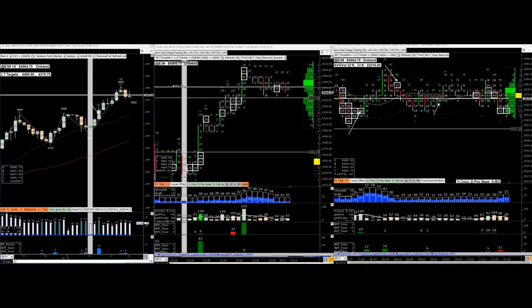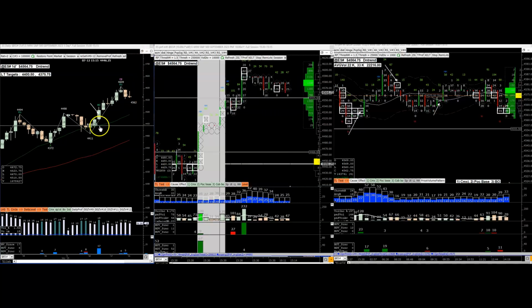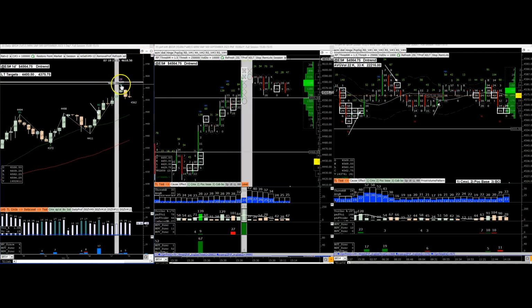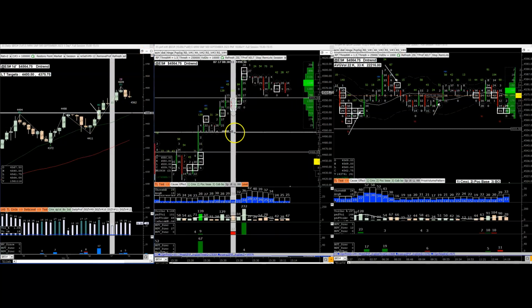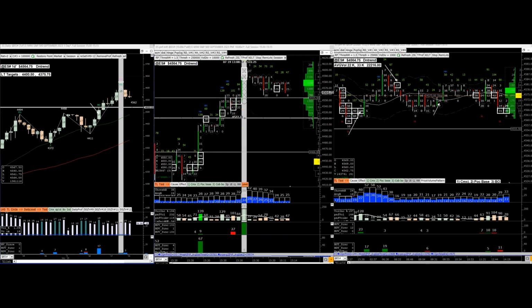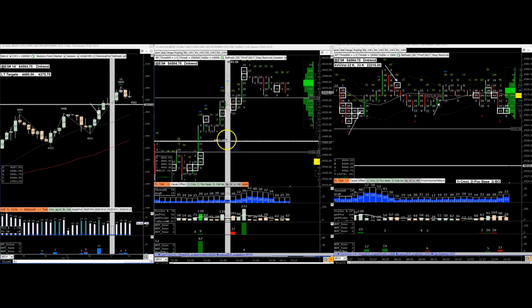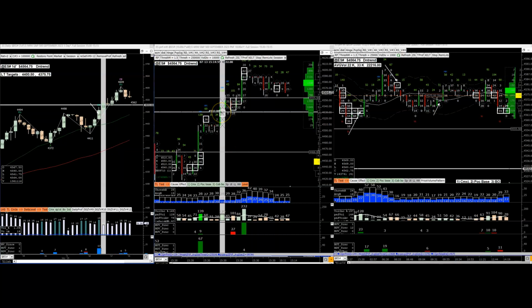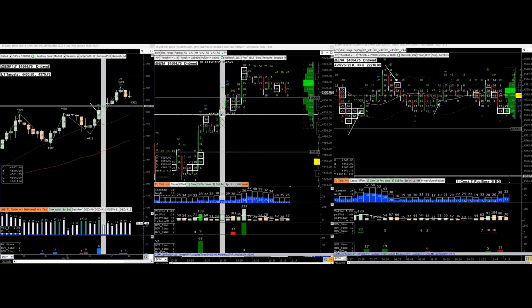But typically, more than 3 time frames is going to be challenging to coordinate. So 3 is the best.